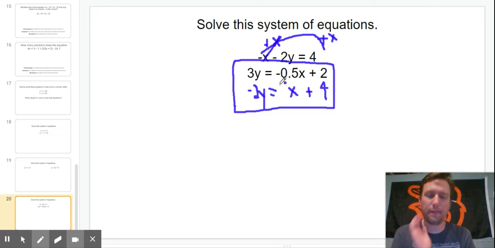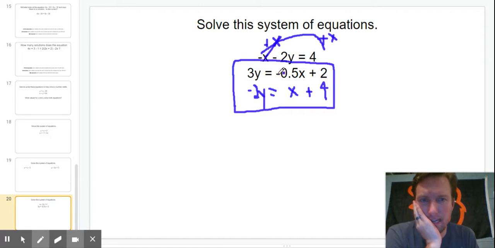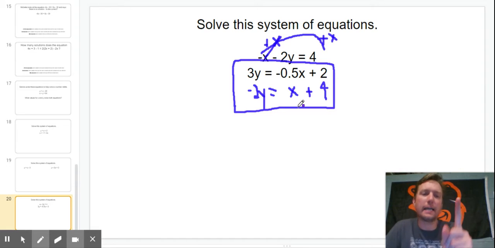So I'm looking at this and thinking, what can I do to make this a negative x and this a positive x? Well, if this is a negative half, how can I make this a negative whole? Because if I made this a negative whole, I'd be left with negative 1, right? Because negative 1x would just be negative x, and then that would cancel itself. I got it.